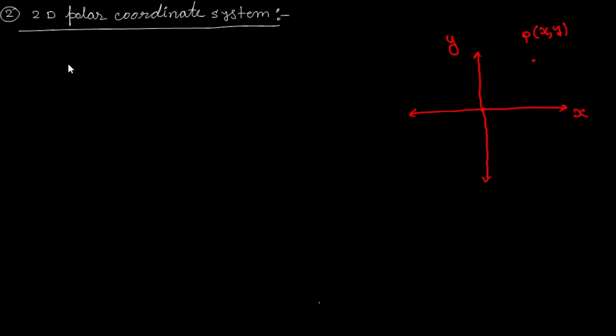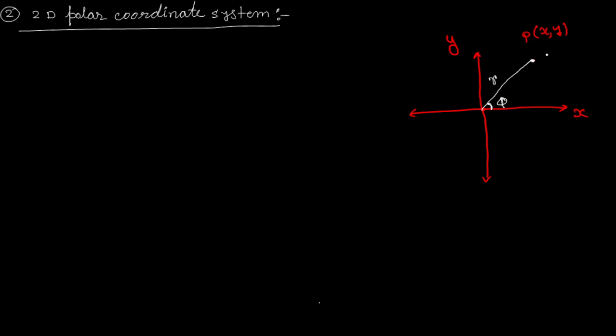first we join this point P with the origin. This distance is represented by r, and the angle between this r and the positive x-axis is defined as phi.